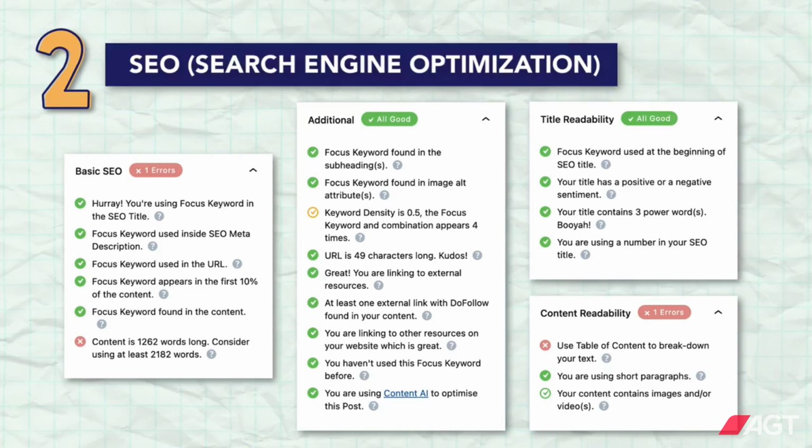It will check things like how often you used your main keyword in your content, where you used your main keyword in your content, the readability of your content length, how many internal and external links you used, how your title reads, and honestly, so much more. Even if you aren't planning to spend a lot of time on an SEO strategy, using a plugin like this is one of the easiest ways to spend an extra 2 minutes making a post more SEO friendly. It's honestly the easiest way just to get the basics down.